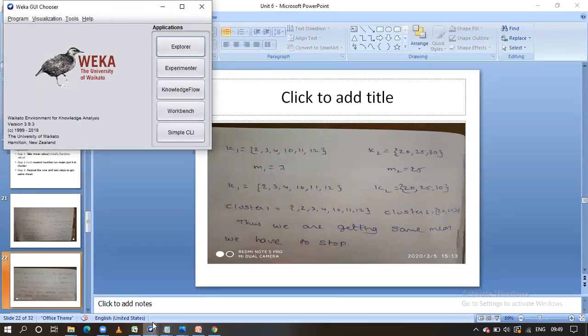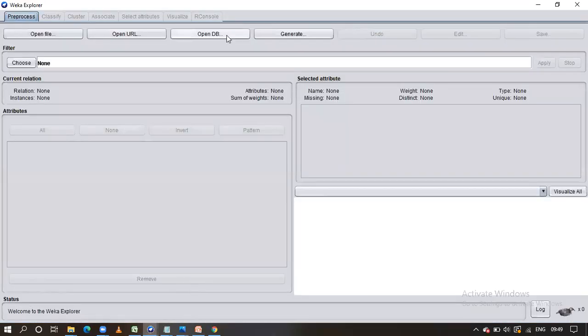We already opened the Explorer. After exploring this, we already prepared this file, the student ARFF file. Let us give that as input for this Explorer.